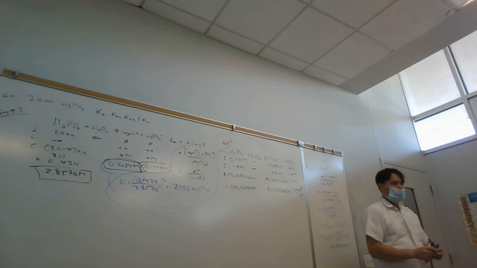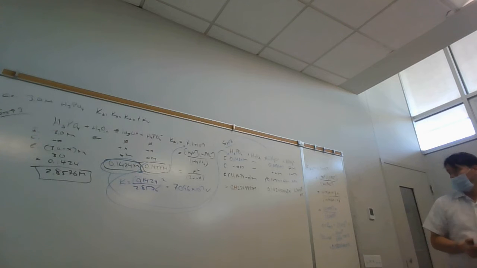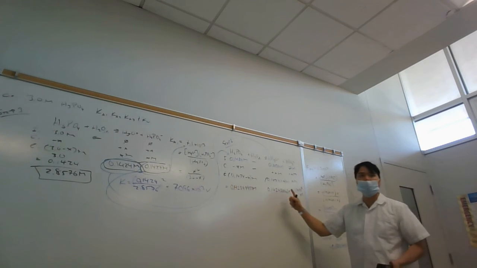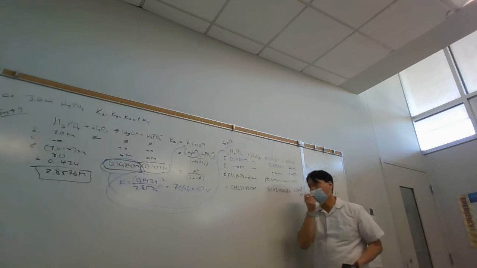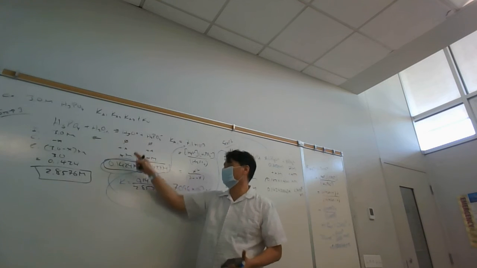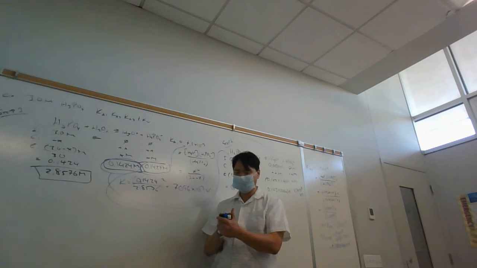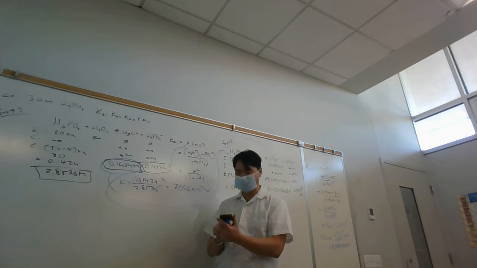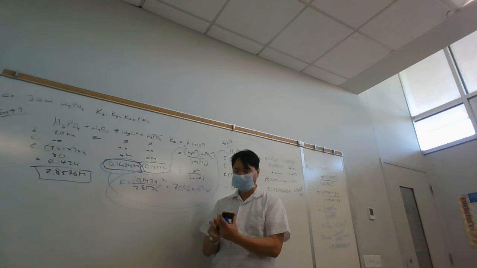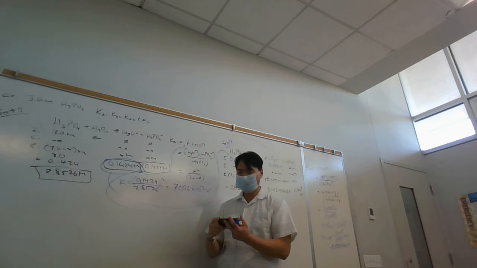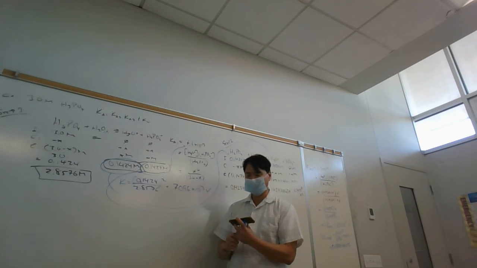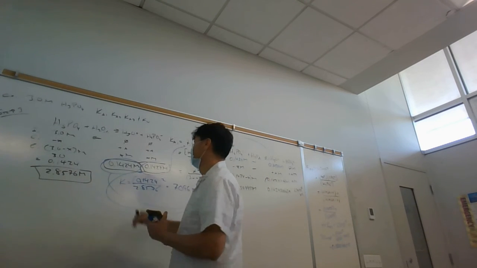Okay. Did the pH change much here? We'll calculate the pH based on step 1. If we calculate the pH based on step 1, it's going to be 0.1424, and we'll take the log of that. The pH of this is 0.8464.